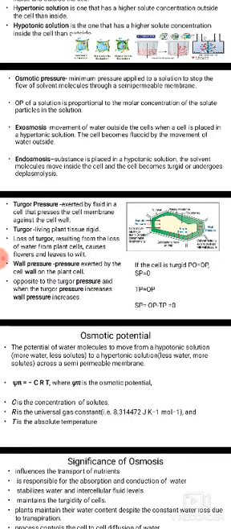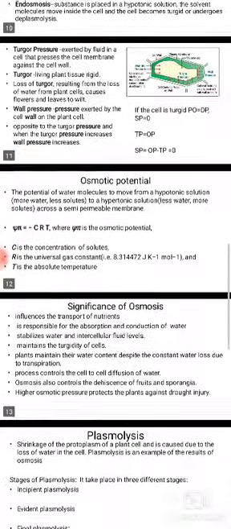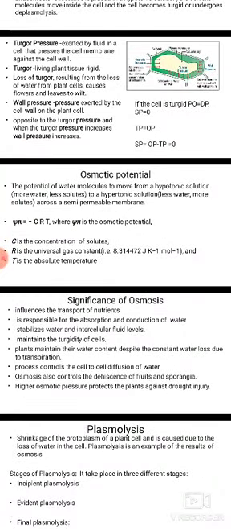It is a pressure exerted by the cell wall on the plant. It is opposite to the turgor pressure, and when turgor pressure increases, wall pressure increases. Osmotic potential. The potential of water molecules to move from a hypotonic solution to a hypertonic solution across a semi-permeable membrane.